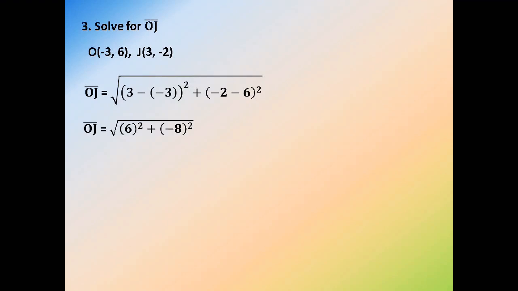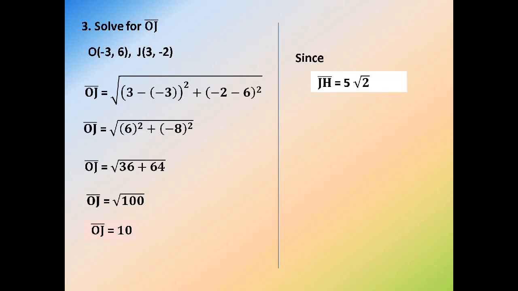OJ becomes the square root of 6 squared plus -8 squared. Segment OJ is equal to the square root of 36 plus 64, which is the square root of 100. Getting the square root of 100, segment OJ is equal to 10.